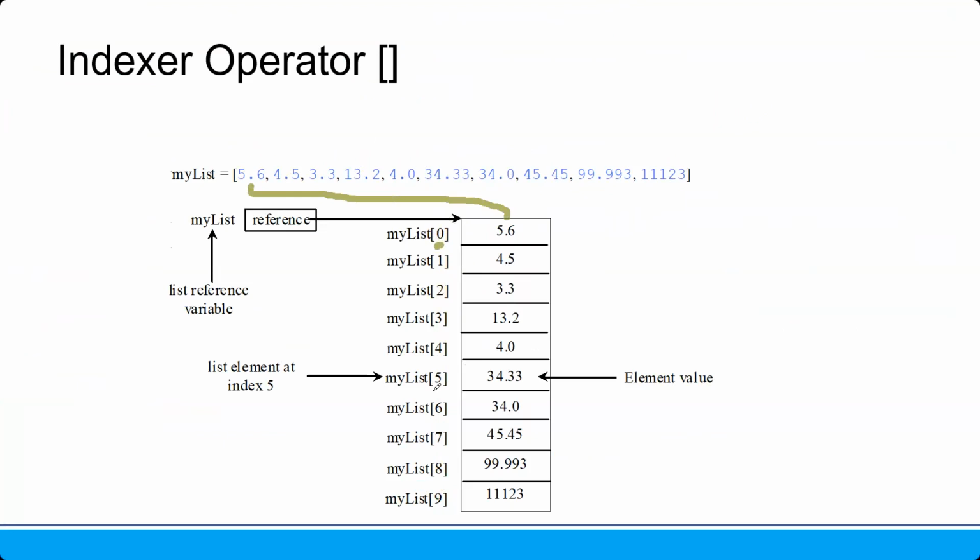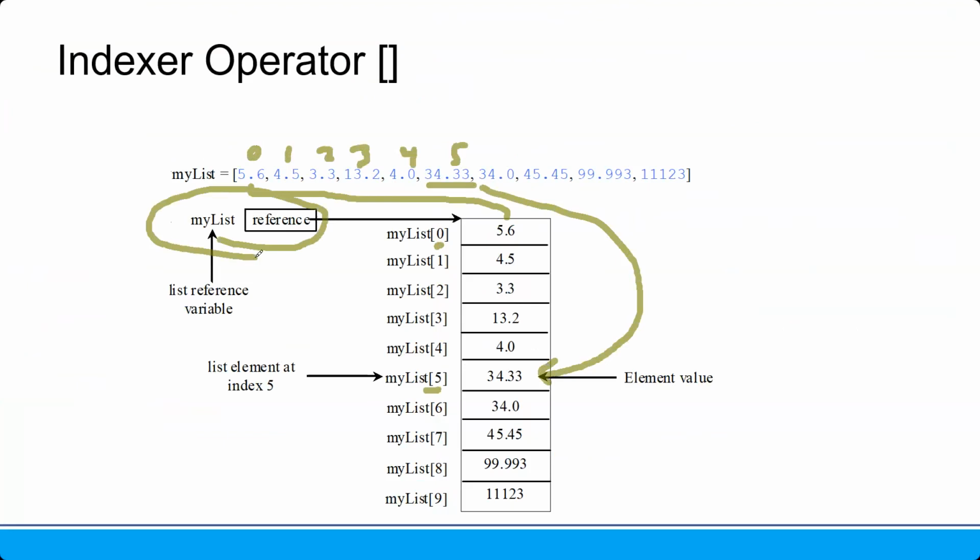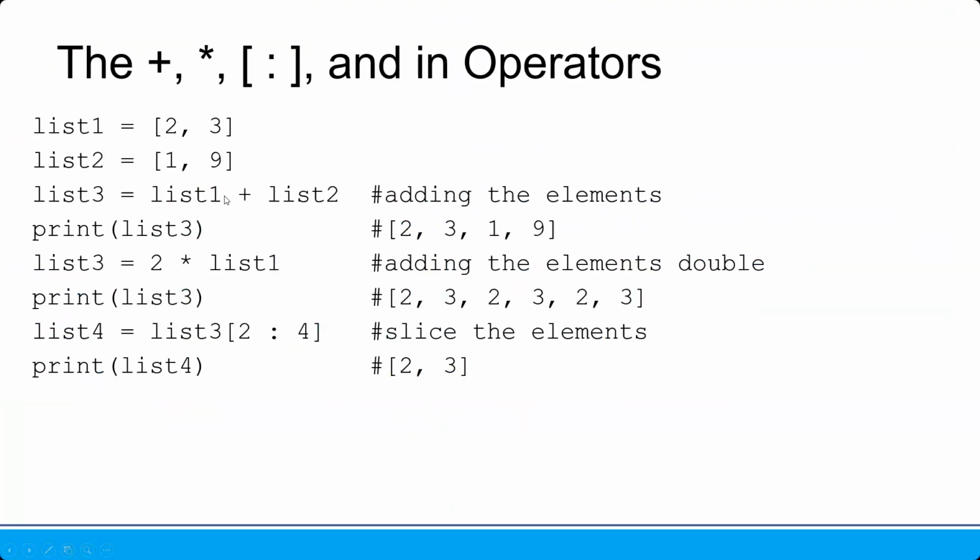If I call my list index 5, then we will check this is index 0, 1, 2, 3, 4, 5. Then this will be the element value. We call this a reference. Why do we call this a reference? I will explain it later.